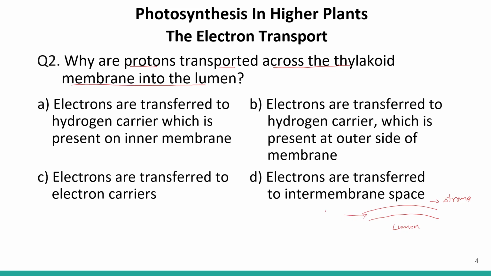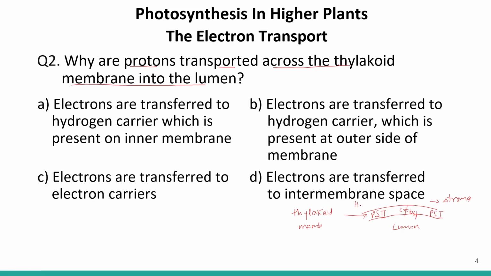This is the thylakoid membrane. Here we have photosystem 2, where photolysis of water takes place. Then here we have cytochrome B6F, and here we have photosystem 1.